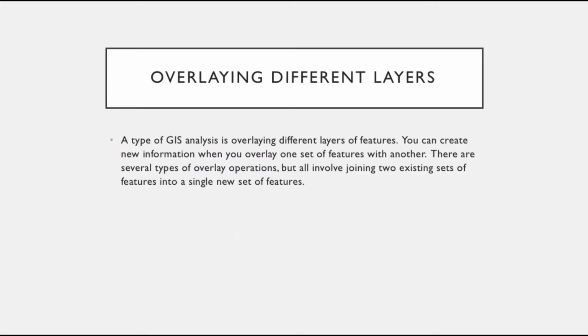Overlaying different layers is a type of GIS analysis in which you can create new information when you overlay one set of features with another. There are several types of overlay operations, but all involve joining two existing sets of features into a single new set of features. For example, a farmer wants to find how much land can be planted with a new crop.